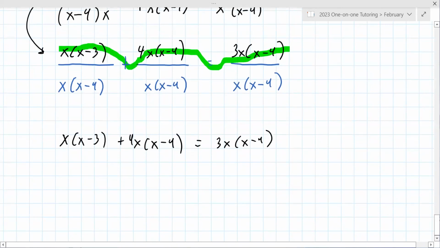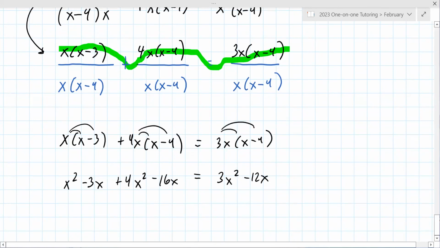And from here, you're solving, and it's work, but it's very much something you're supposed to already know how to do. You distribute the x into both. X squared minus 3x, 4x squared minus 16x, 3x squared minus 12x. And very important that you distribute to everything.